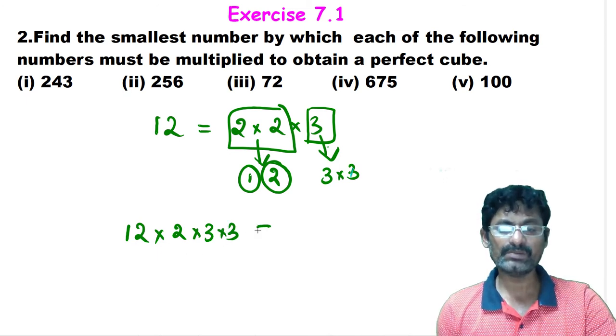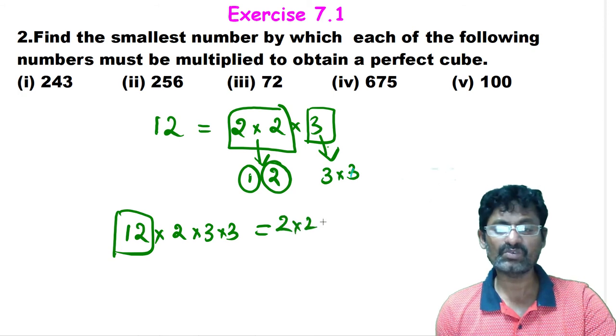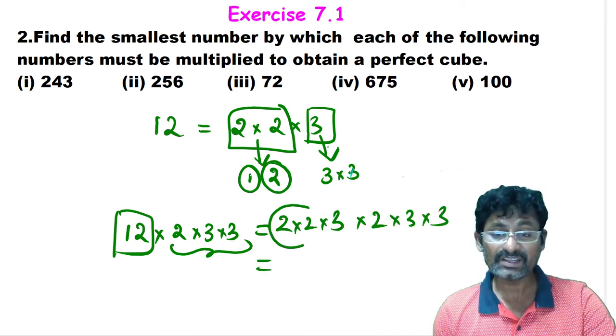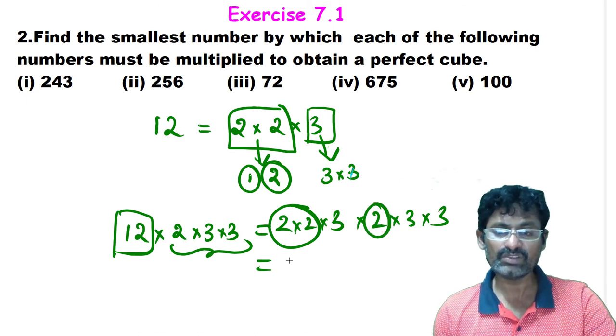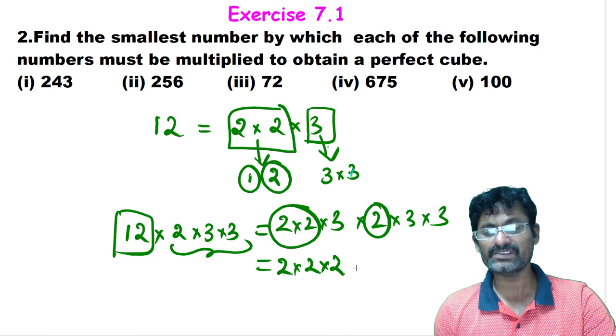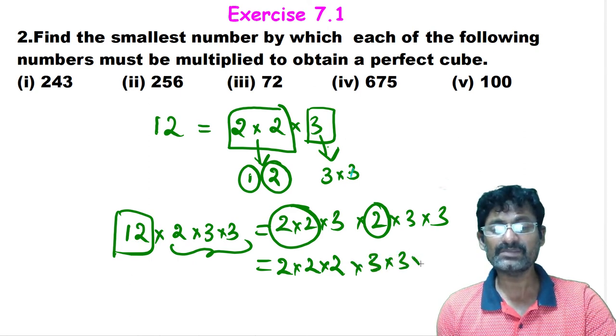So if we multiply, this can be written as 12 is 2 times 2 times 3, then the next one is 2 times 3 times 3. So times 2 times 3 times 3. Now you see here, we have two 2's here and one 2 here. So 2 times 2 times 2. Then the remaining numbers 3 times 3 times 3.